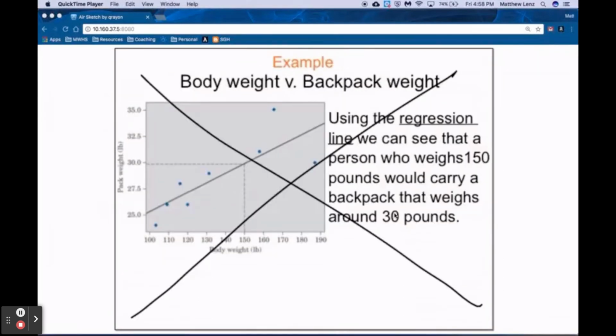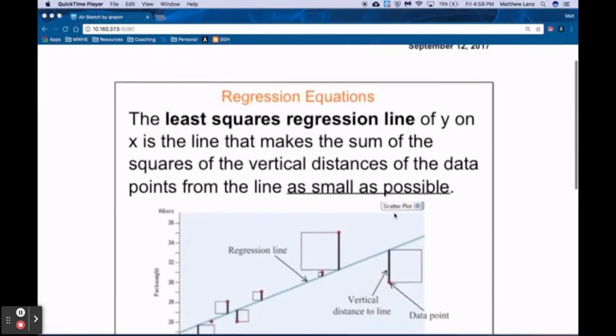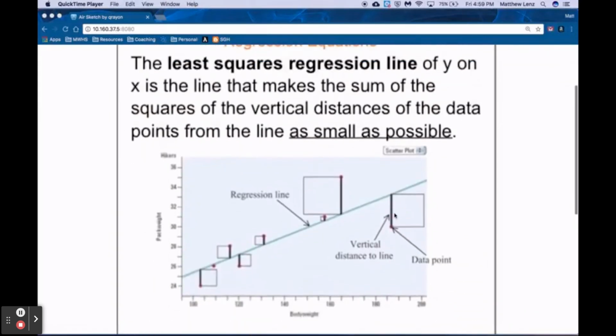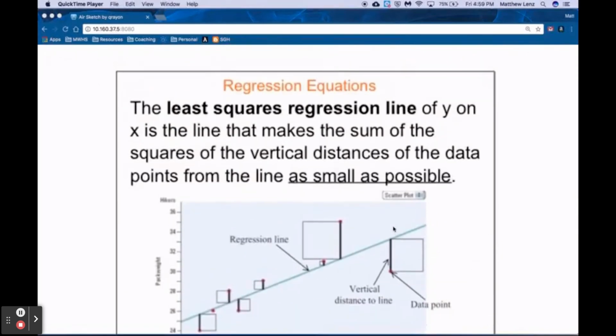On your notes, it has the body weight versus the backpack weight. Again, I'm not going to go to that example. Let's just stay with the example that we've been doing. What we're going to do on our calculator is graph what we call a regression line. Technically, it's called the least squares regression line.